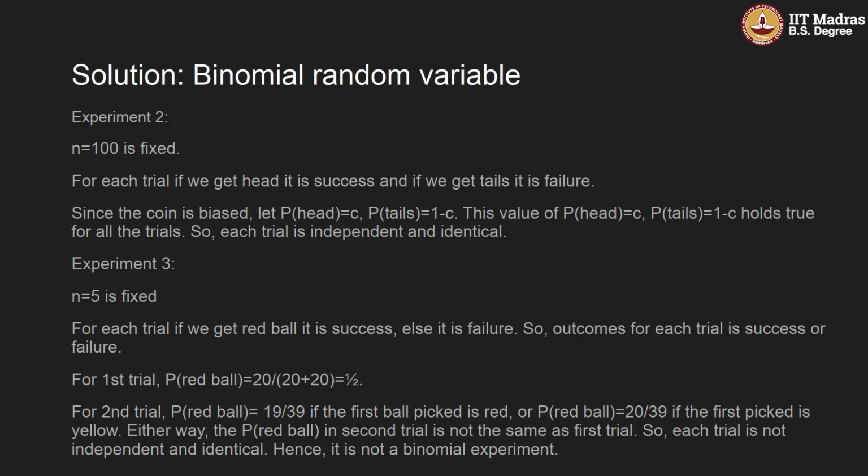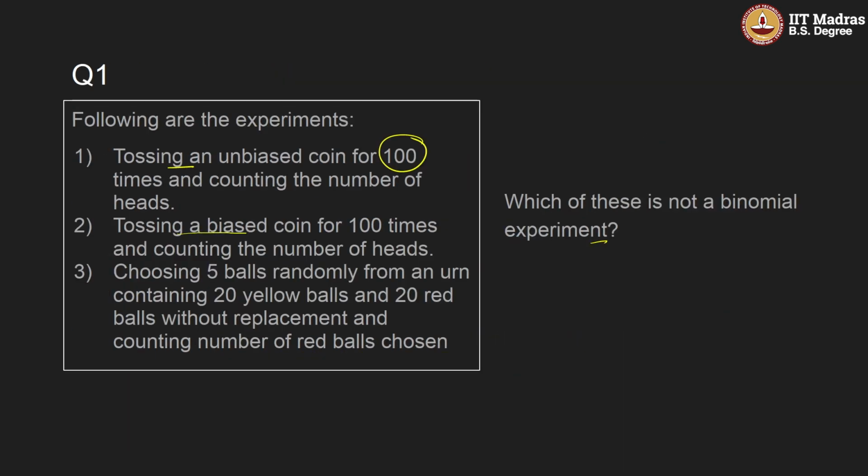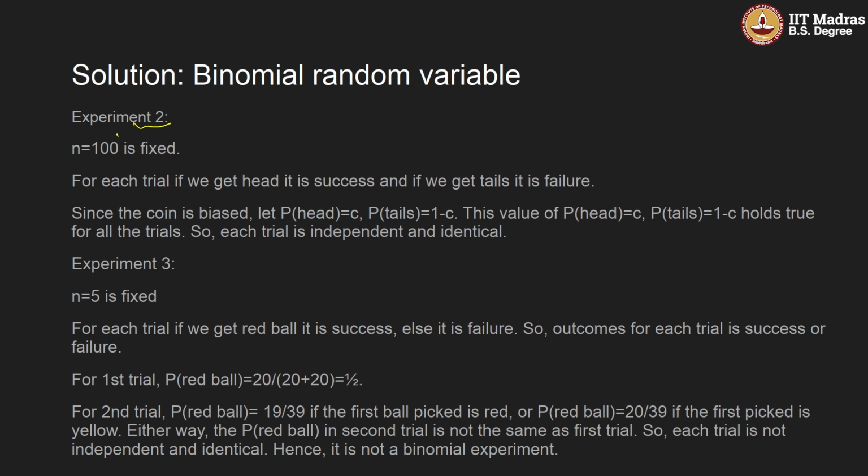Now we will see experiment number 2. Here we are tossing a biased coin 100 times, so n will be equal to 100. We can classify the outcomes as success or failure: if we get head, it is a success, and if we get tail, it is a failure.